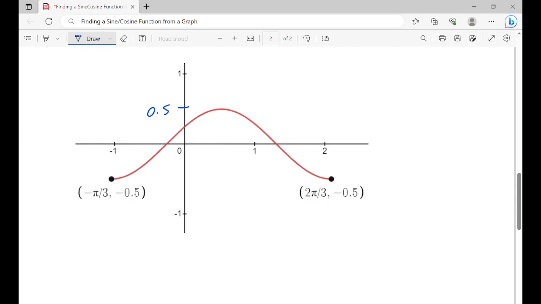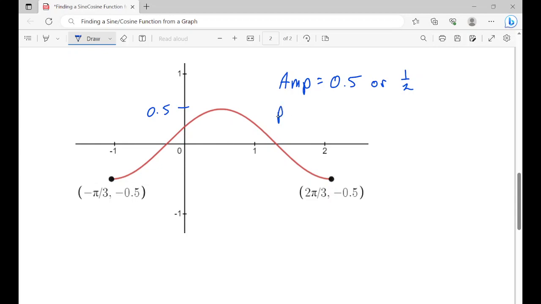So that means its amplitude is 0.5, or you could even say a half. Both are acceptable. Period is a little bit different. It's starting at negative pi over 3 and ending at 2 pi over 3.